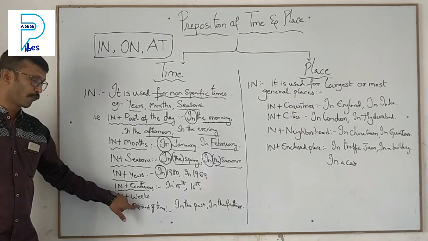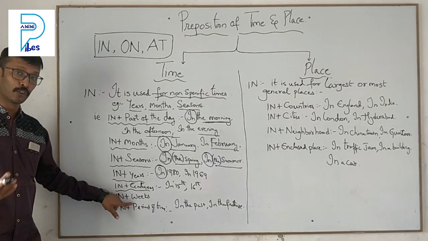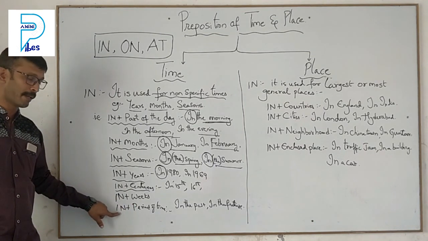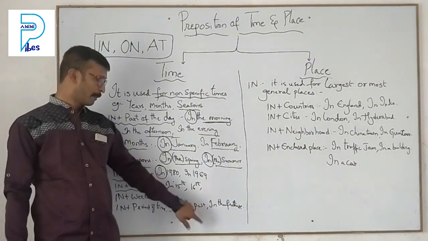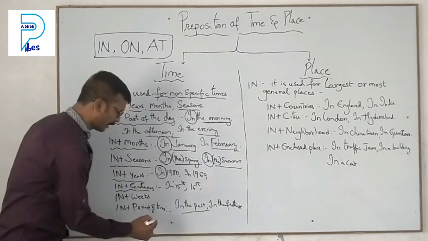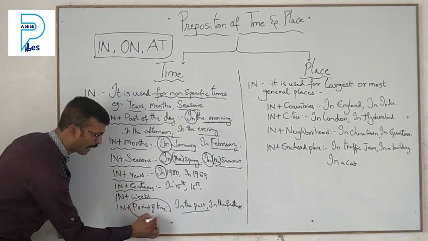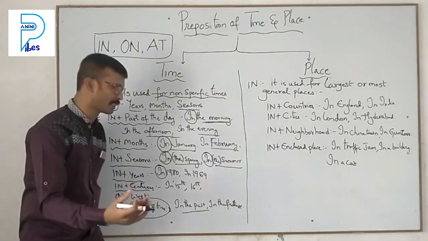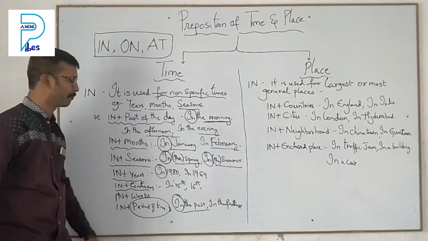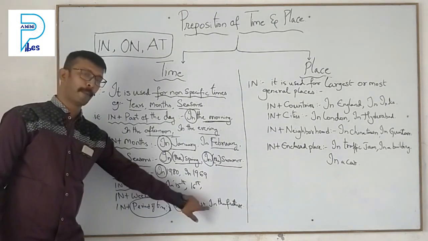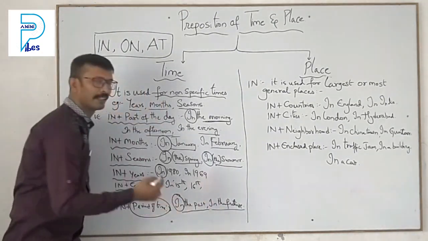In plus weeks, like in a week, in 2 weeks. In plus period of time, for example, in the past. When we are talking about a period of time, it may be non-specific, so we use in as a preposition of time: in the past, in the future, in the present.